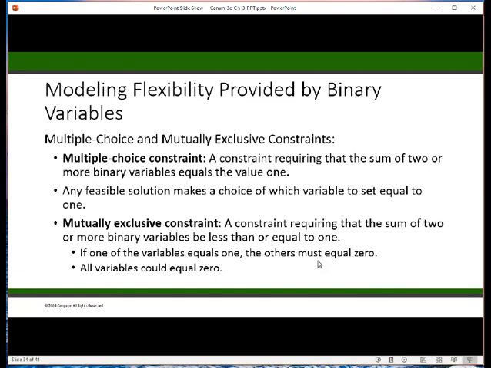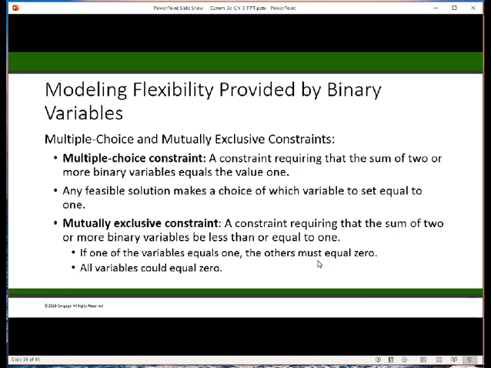So in other words, we're giving them a multiple choice, let's say A through D, and they can only choose one. So of those 4 variables, one of them is going to have the value 1, the others will have the value 0, and then the sum of them will be equal to 1. That's the multiple choice constraint.